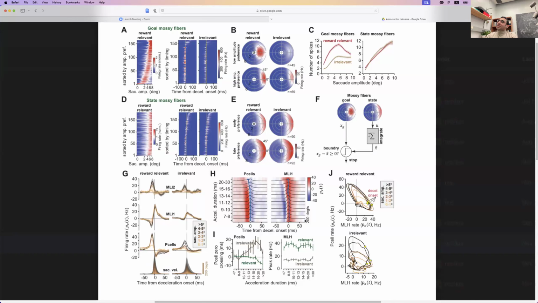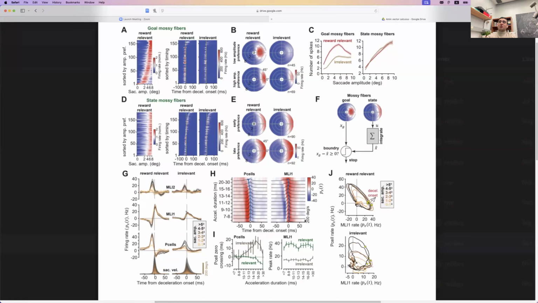So our current working hypothesis is that the MLI1s might be involved in this, because no matter what the peak velocity or saccade amplitude is, the MLI1s reach the same peak around the time of the deceleration. So this might be the integration that is happening.